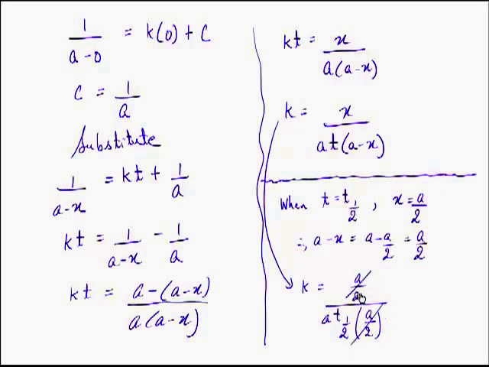We can cancel out a upon 2. So what we are left with is 1 upon a times t half, or t half is equal to 1 upon a times k.